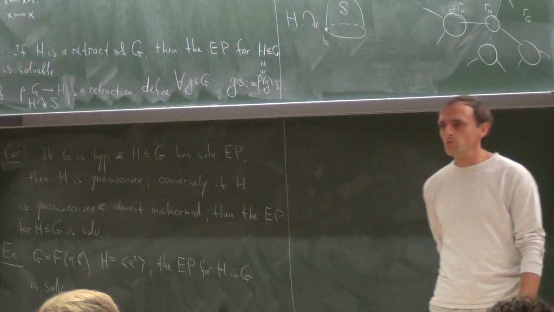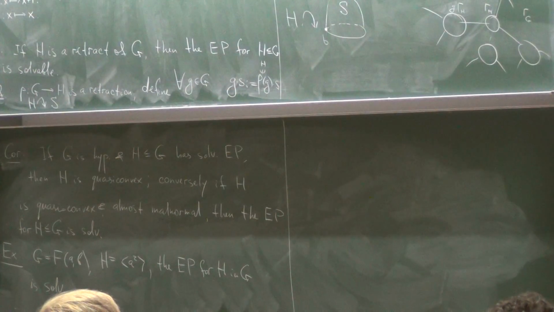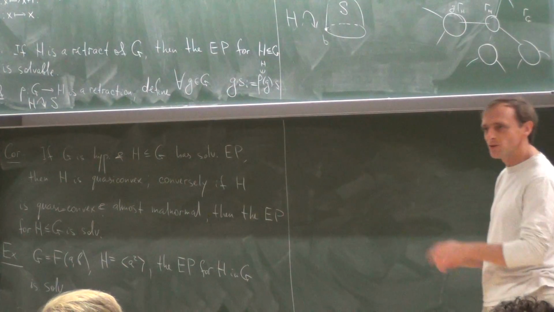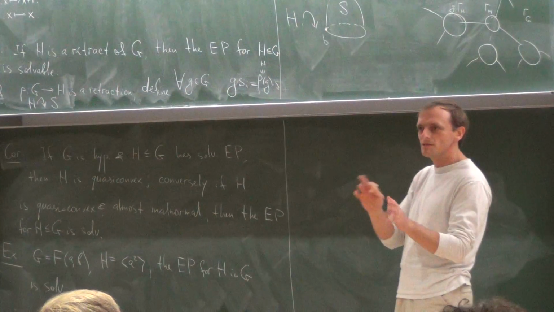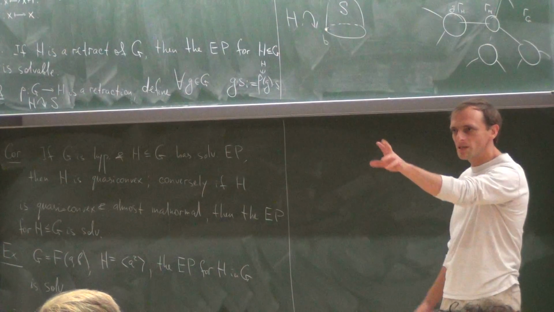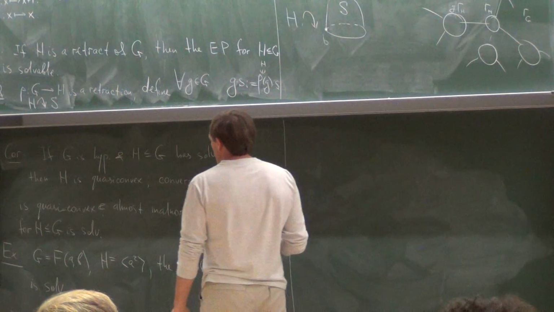Take the dihedral group and the infinite cyclic subgroup. It has a solvable extension problem, but it's not Frattini embedded. So there is a condition which we suspect is sufficient and necessary, which looks almost like what you suggested. We don't know yet.